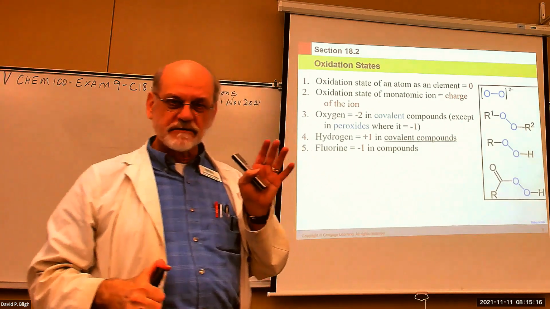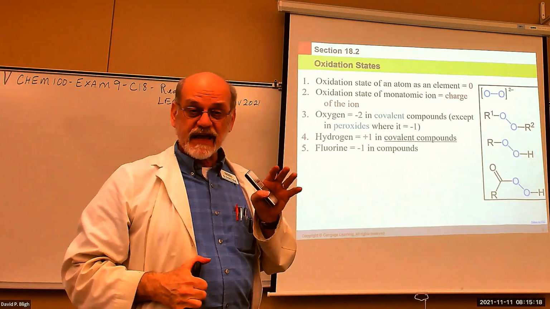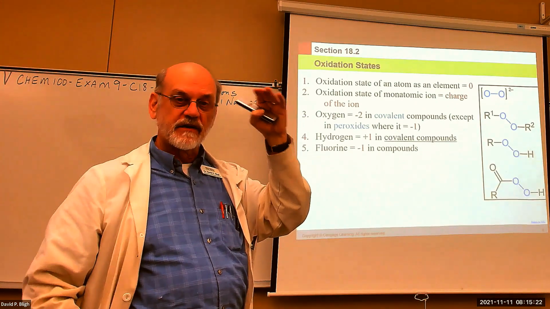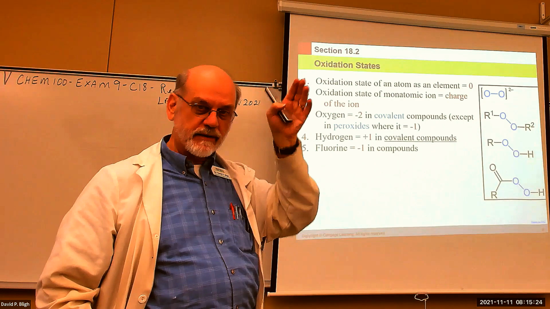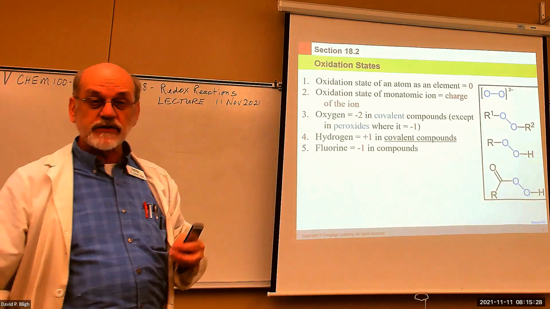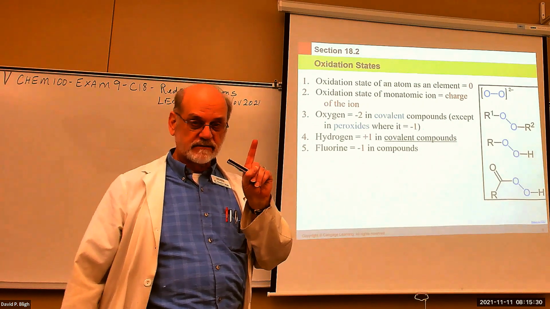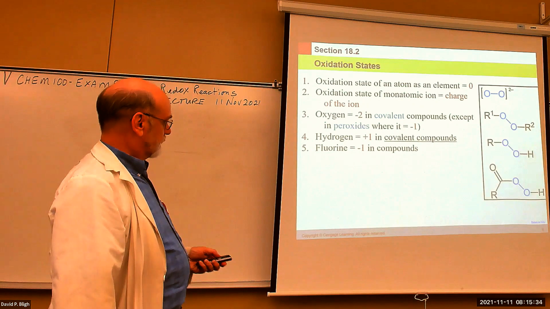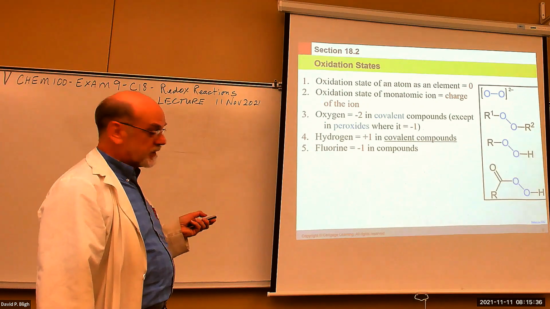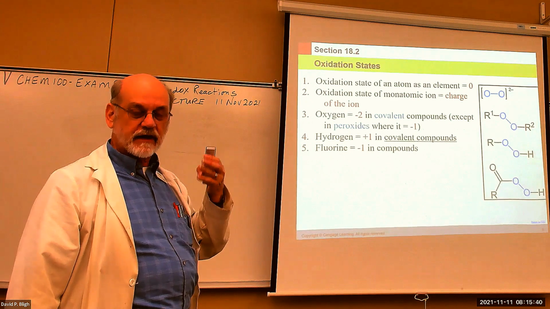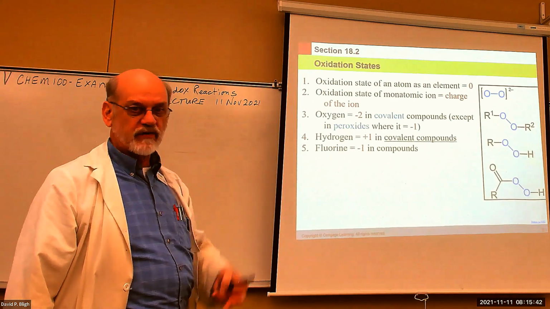Sometimes they're charges, but in many cases, those are a list of the potential oxidation states for each of those atoms, each of those elements. You'll notice that fluorine only has one. It's -1, and that's it. So we give fluorine -1, no matter whether it's in an ionic compound or covalently bound.